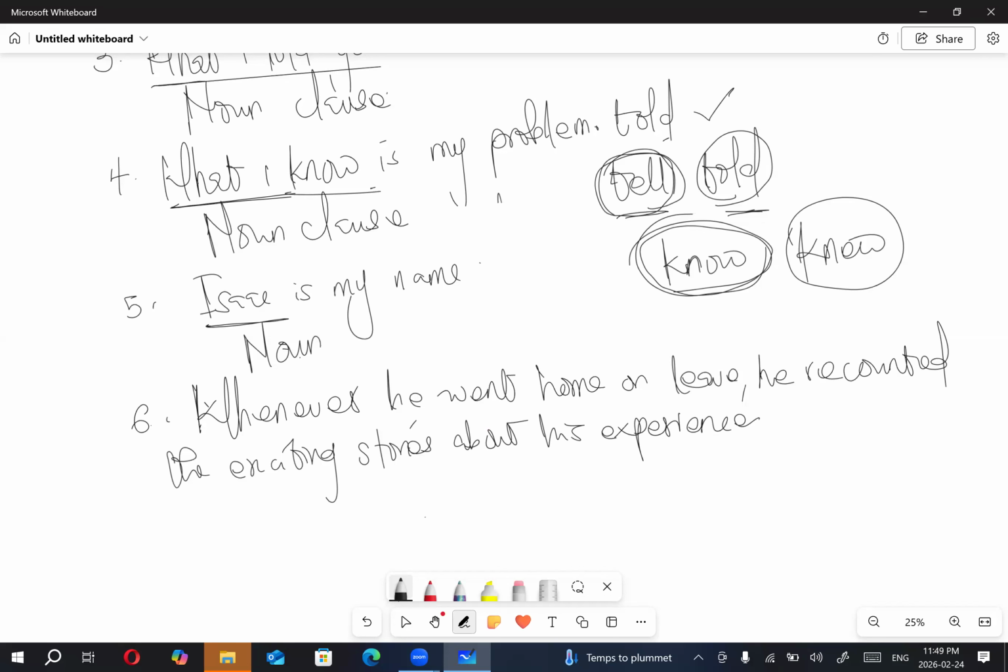Then they did this. The dot dot dots represent that the passage came from somewhere. So: the exciting stories about his experience.